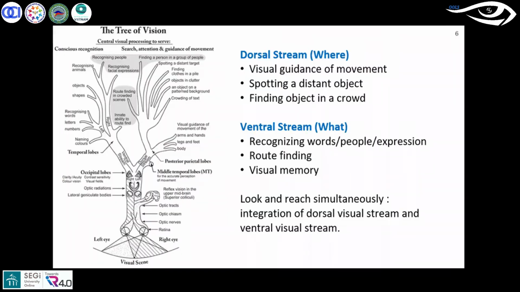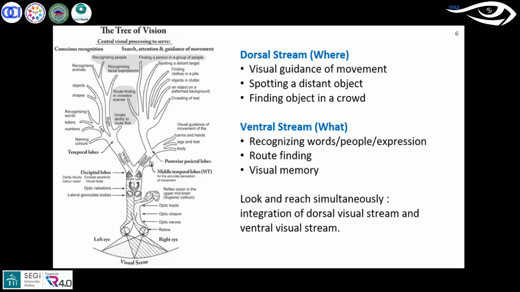This is what each stream's functions are. For example, if you look at this tree of vision, the dorsal stream will answer the question of where. For example, it's the visual guidance of movement, to spot a distant object and to find an object in a busy background. Whereas the ventral stream will answer the question of what.